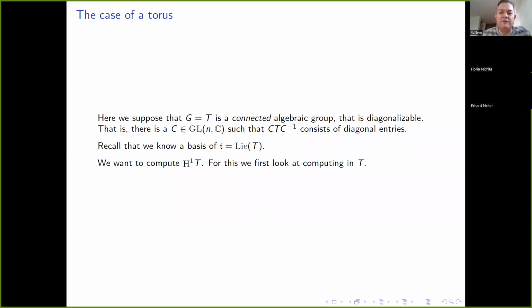I will look at this case in a little bit of detail. In this case, my group is called T for torus. It's connected and diagonalizable, and diagonalizable means that I have a matrix C such that C times T times C inverse consists of diagonal entries.